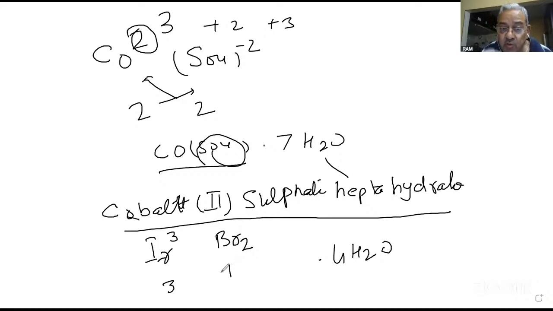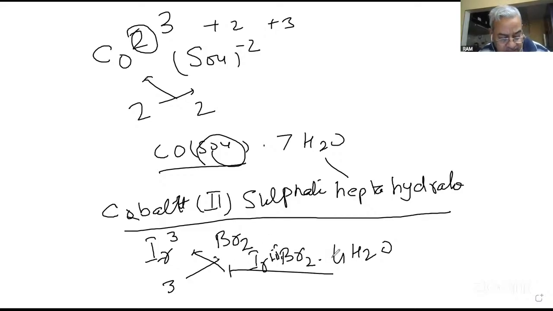Bromine is always in diatomic molecular form. So it will become IrBr3, iridium bromide tetrahydrate. For transition metals, we have to show the valency being used, whether it is 2, 3, or 1.